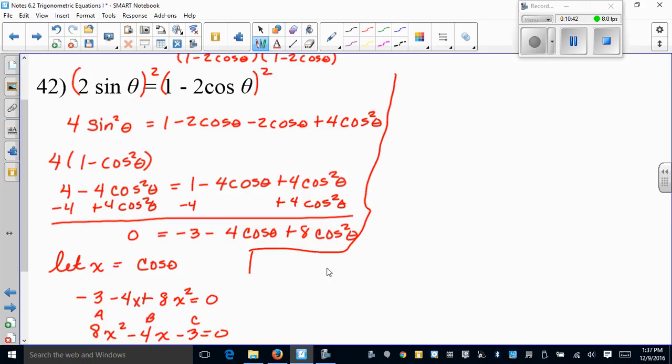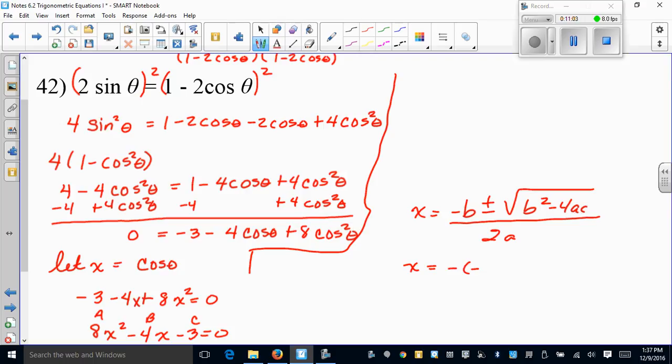Okay, so x equals negative b plus or minus the square root of b squared minus 4ac all over 2a. So x equals negative b, the b is already negative, so negative b plus or minus the square root of negative 4 squared.